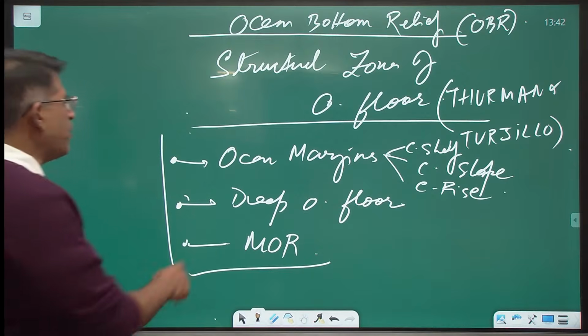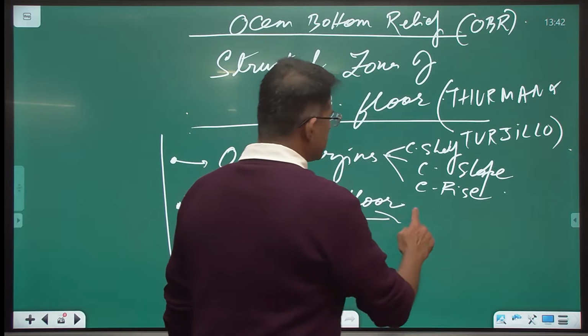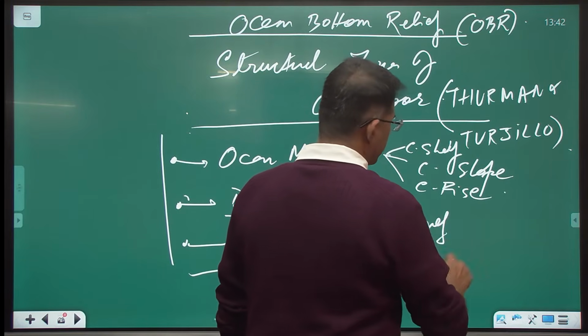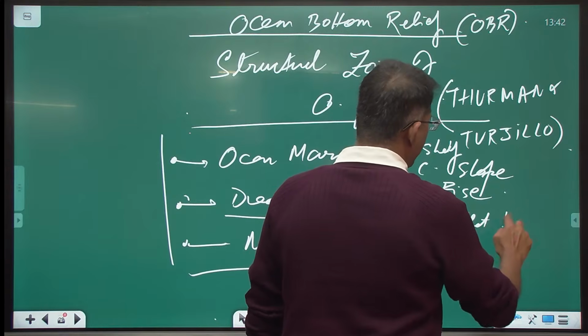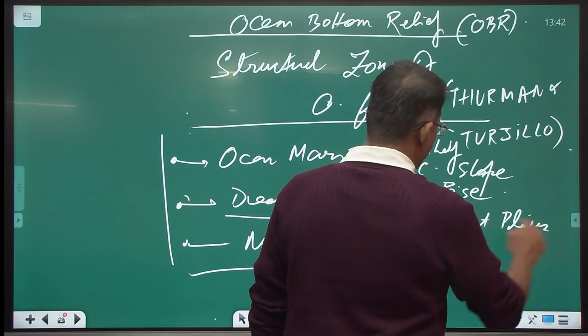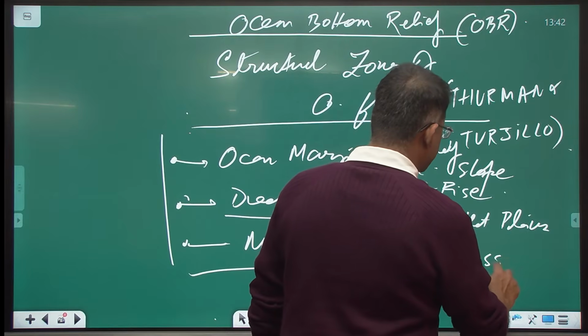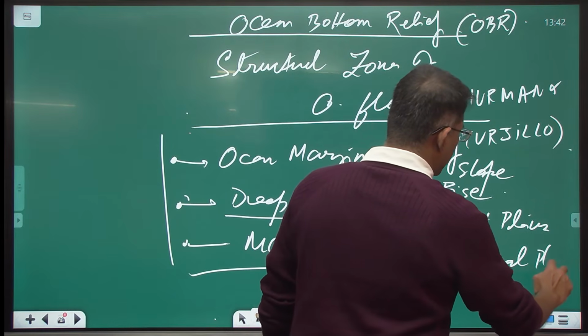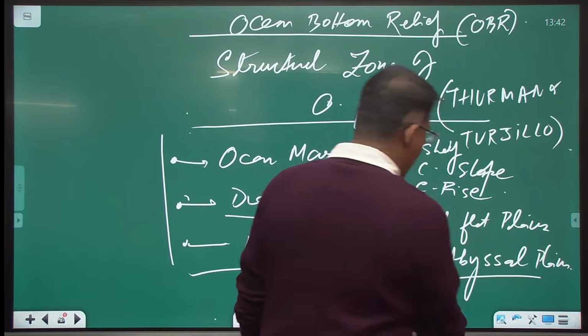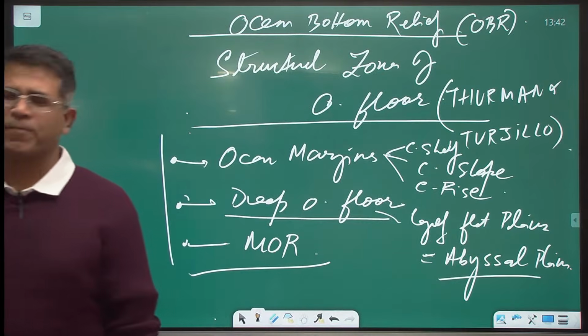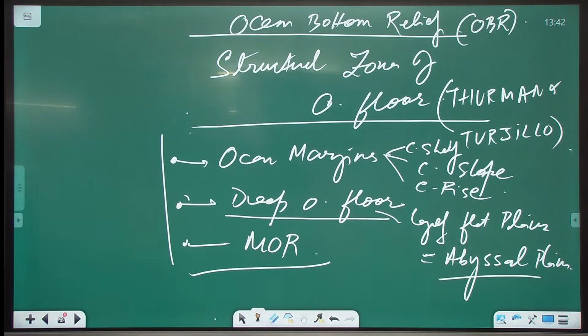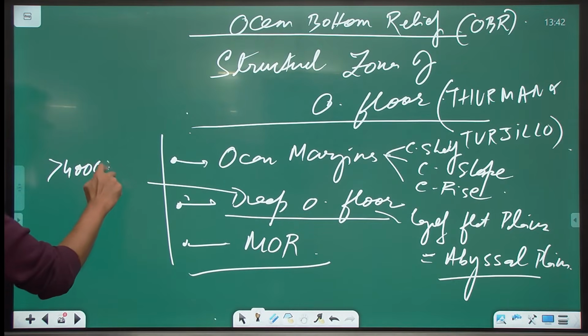And we have the deep ocean floor, which is largely flat plains, which are called as abyssal plains, correct? They're called as abyssal plains. The deep ocean floor is largely flat plains. I'm talking about deep ocean floor at depths more than 4,000 meters.